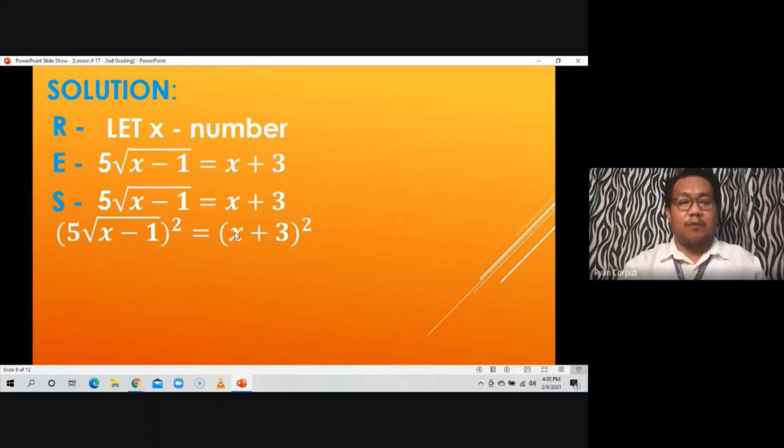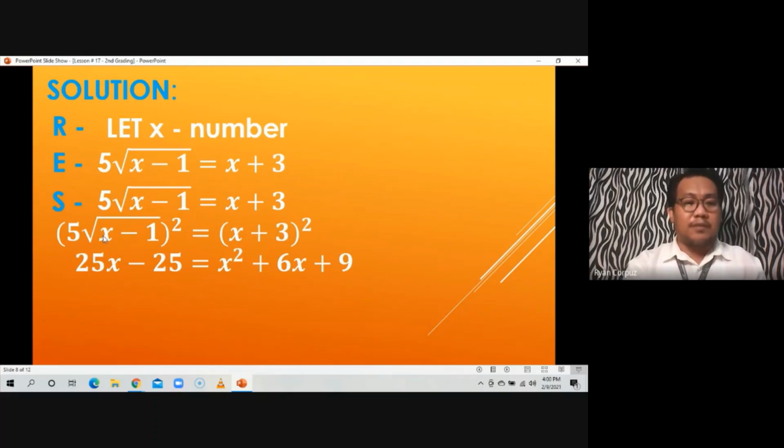Then twice the product of the first and the second, 2 times 3, that's 6 times x is 6x. Then square the last term, that's 3 squared, that would be 9. So magiging ganito ang kalalabasan. So 25 times this x minus 1, 25 times x, that would be 25x, minus 25 times 1 is 25, with the application of distributive property.